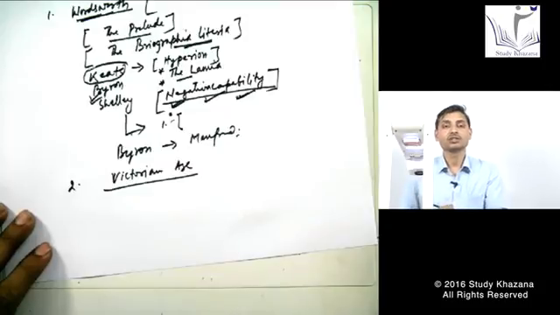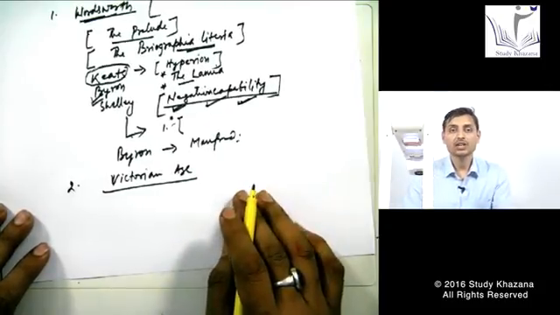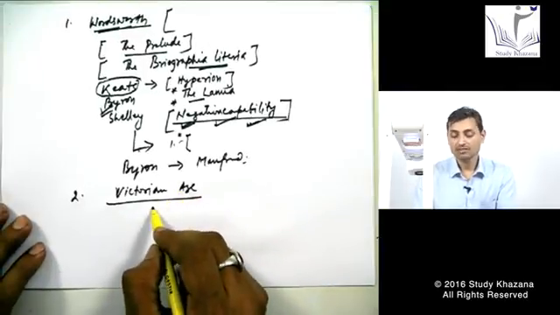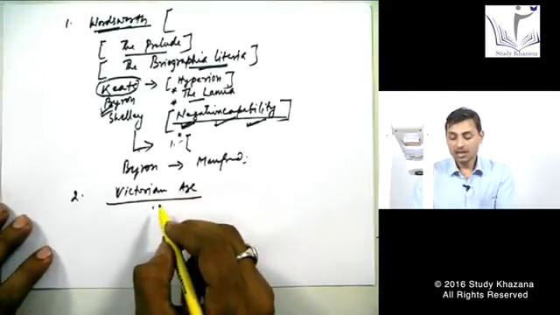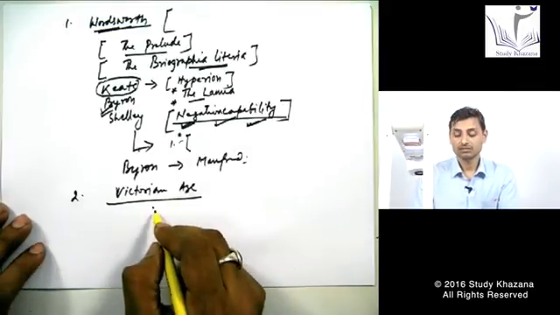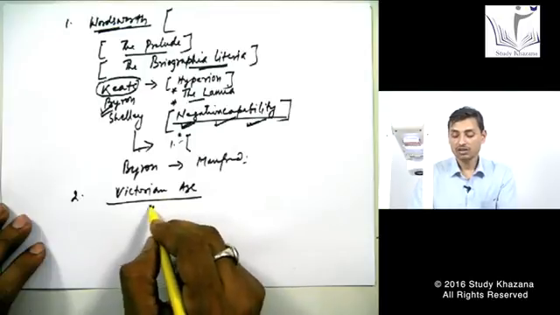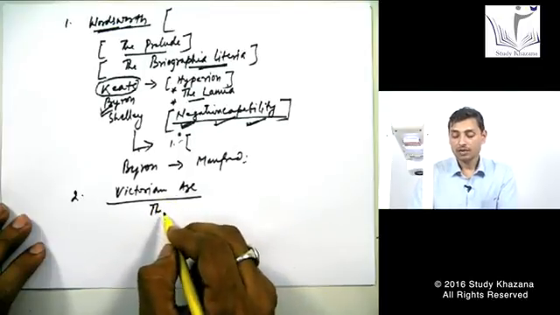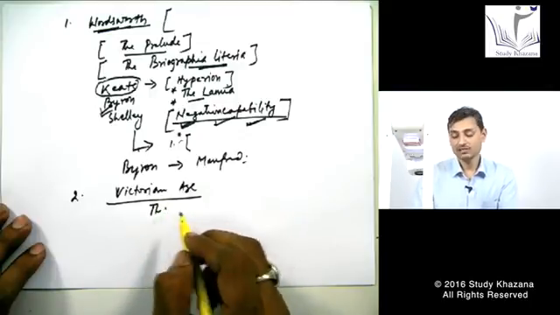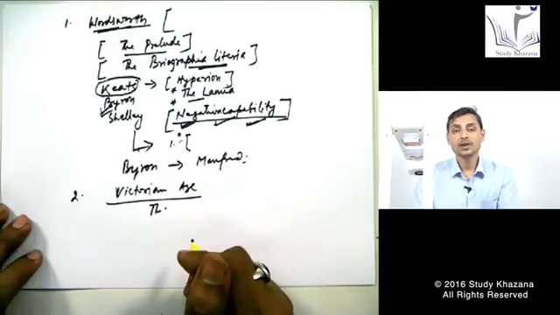As we come to the next age, that is the Victorian age. Like the Elizabethan age, this was again a great age. This was ruled by Queen Victoria. The age saw the development of various kinds of literature. During this age, there were essays, prose works, literary criticism, novel writing, as well as other movements also.